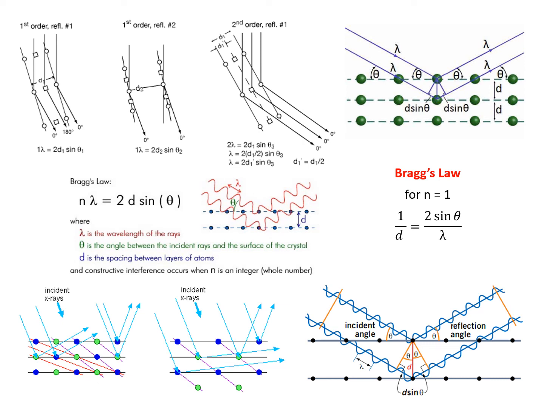Now, I mentioned in the Bragg-Brentano case that you have X-rays coming from a source, hitting a sample, and being detected at a detector. And they're not all at the same angle. They're all diverging at different angles.